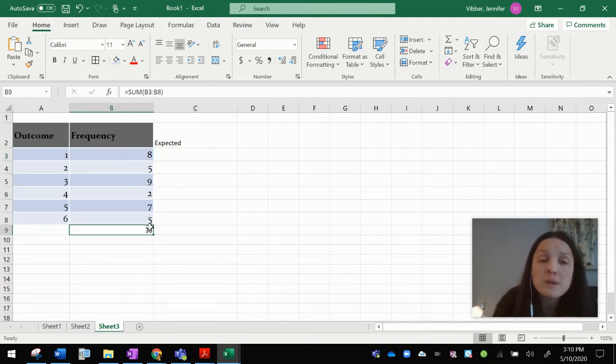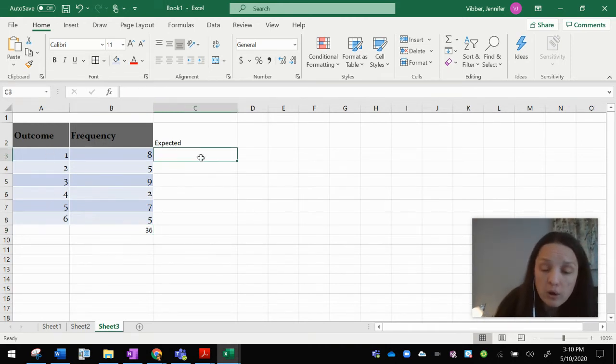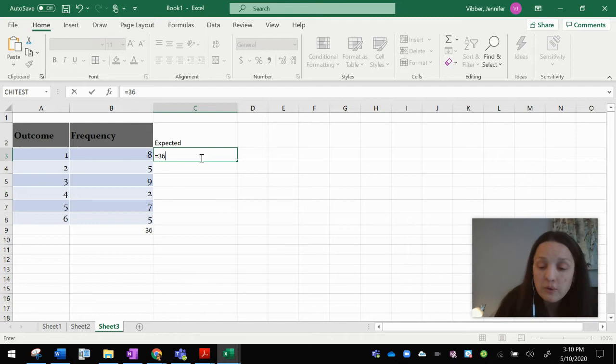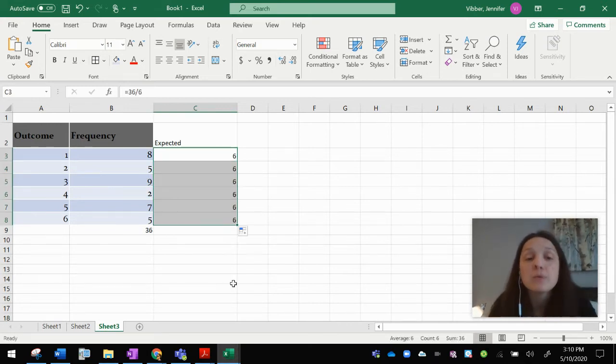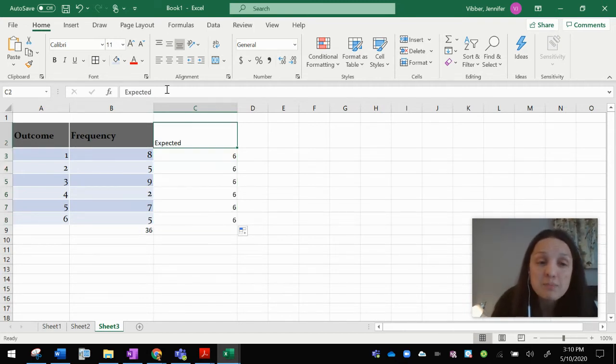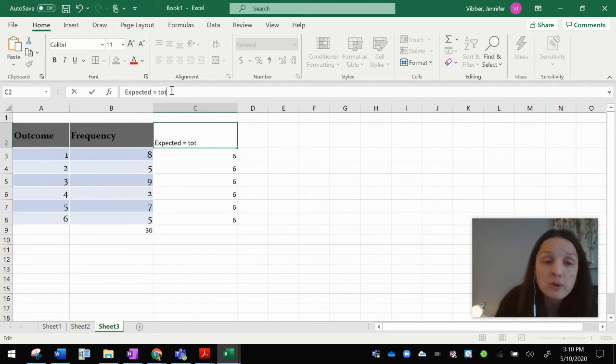Well, if I roll the die 36 times and I had 6 different outcomes, I would expect 36 divided by 6. I would expect 6 times for it to come up once, and all things being equal, everything else should have come up 6 times also. So to get this expected value is your total divided by the number of outcomes. Okay?